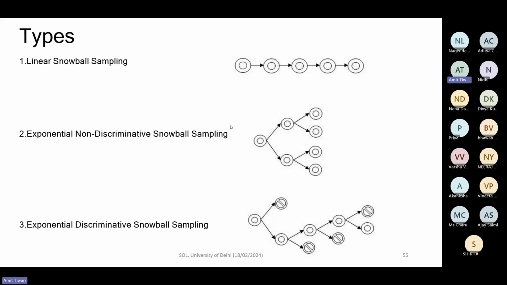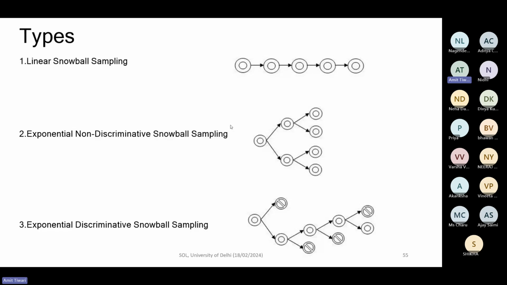So one person is telling only one expert, and it goes on. Then exponential non-discriminative snowball sampling, where the researcher gets information about one expert, who tells other experts, and then each particular expert tells multiple others. That way it goes like a nuclear reaction, and you are not discriminating against anyone, taking each and every one for the sample.